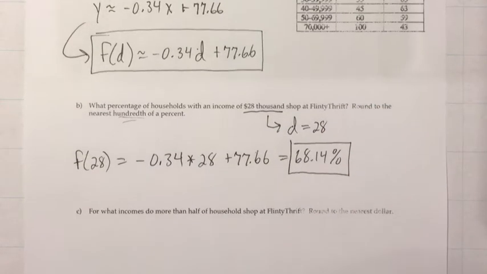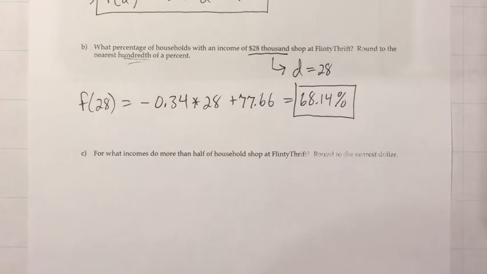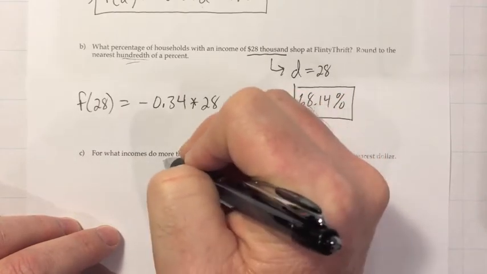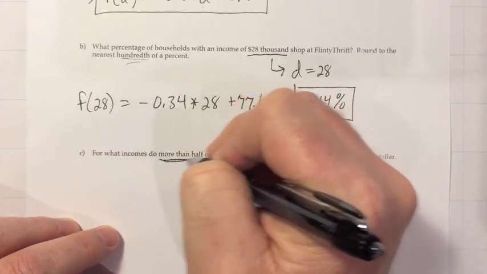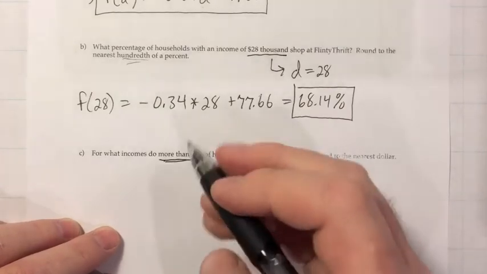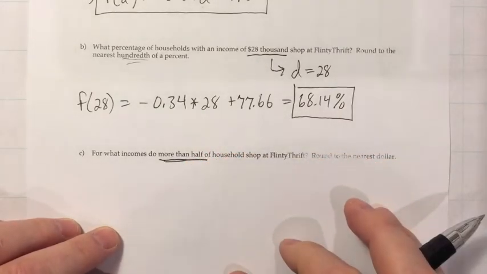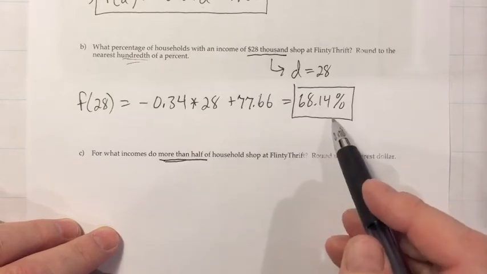And then the last one, trickiest one, for what incomes do more than half of households shop at Flinty Thrift, and then round this to the nearest dollar. So let's see, they want more than half. So you could say they want something to be greater than a half, but we don't really have fractions as our variable, we have percentages.